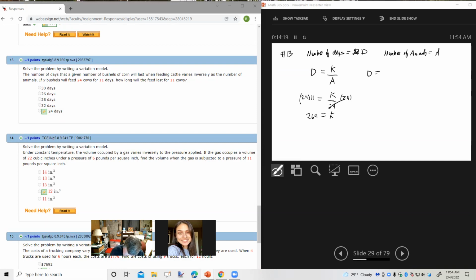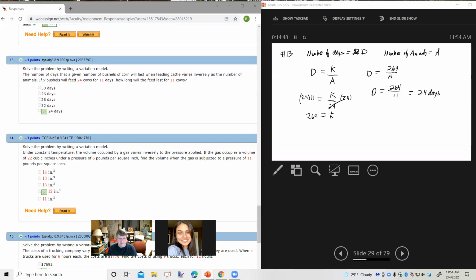So now D equals 264 over A. How long will the feed last? So that's the number of days for 11 cows. And 264 divided by 11 is 24 days.